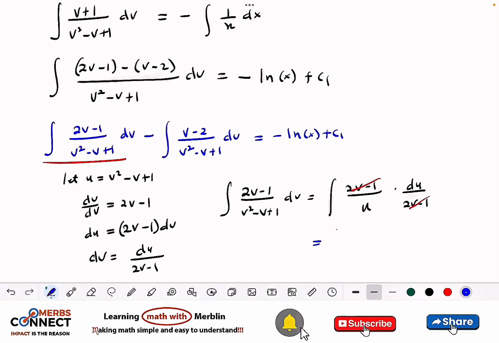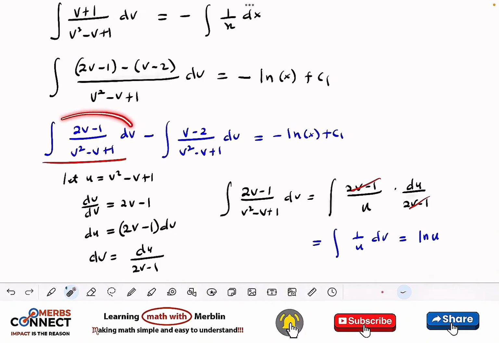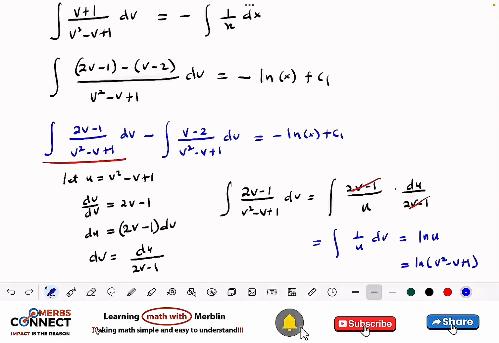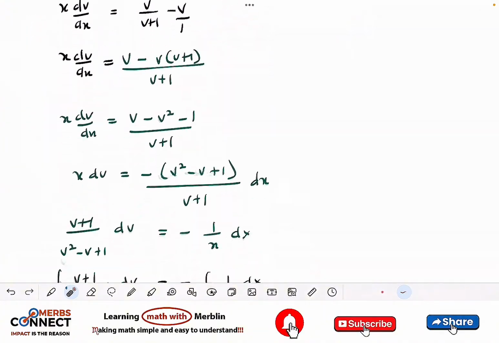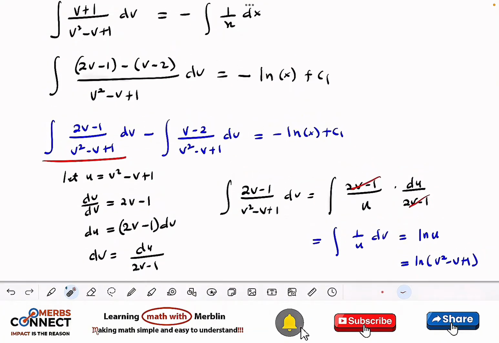So I'm going to have the integration of 1 over u du, and this is the same as the natural log of u. We are not done with the integration, so I'm not adding a constant because we have this one to add. Now we know that u is equal to this, so this is going to give us the natural log of vn squared minus vn plus 1. So that's what we are getting for that side.